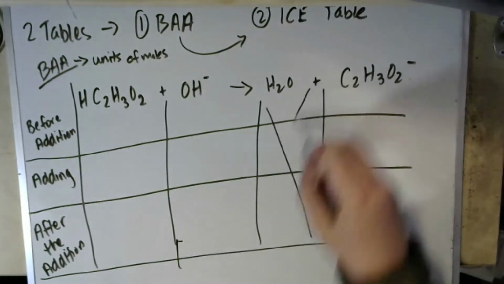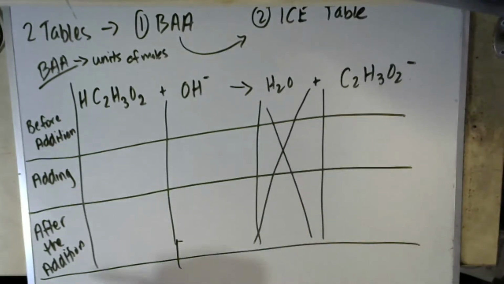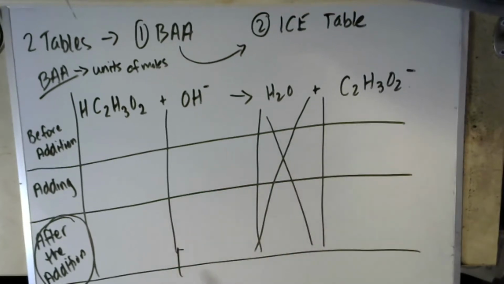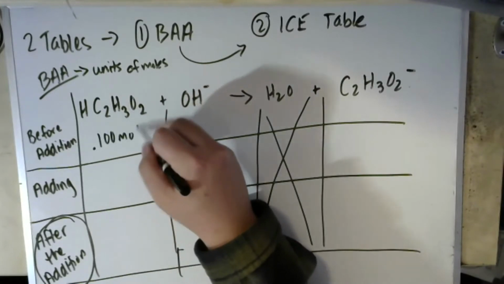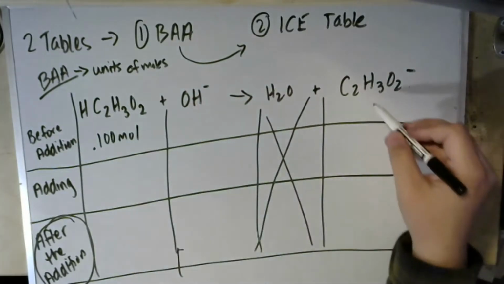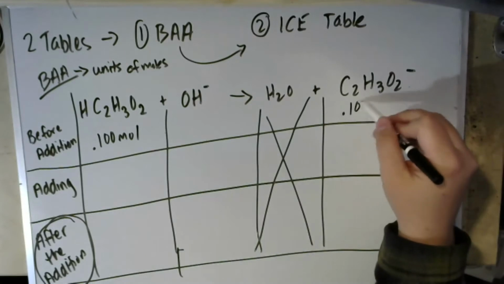And we can X out that water column again. And this is the row that's important because this is the row that we're going to use to build our ICE table after we're done with all this. Okay. So before our addition, we're going to write in the mole values that we got from the problem. It said that there were 0.1 moles of the acetic acid, and there were 0.1 moles of the sodium acetate.